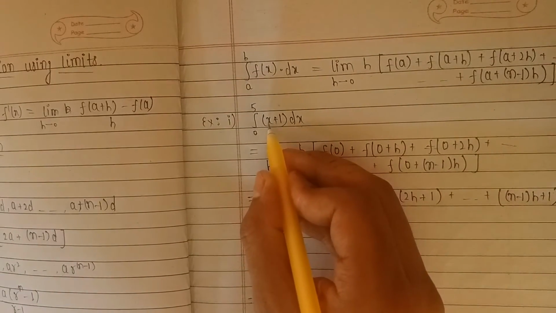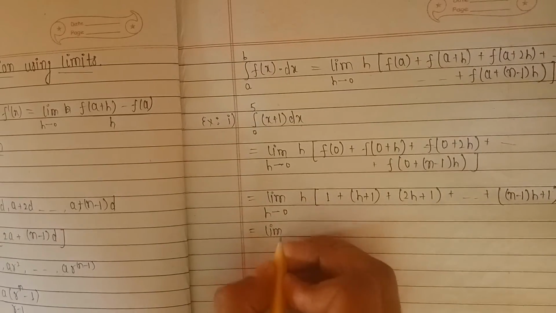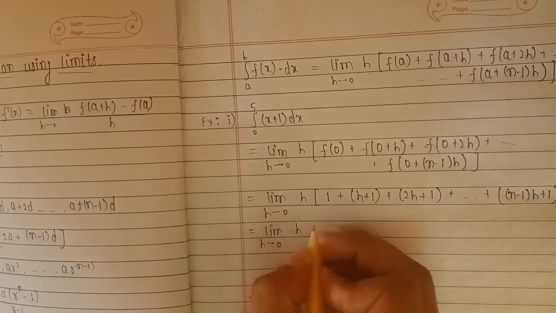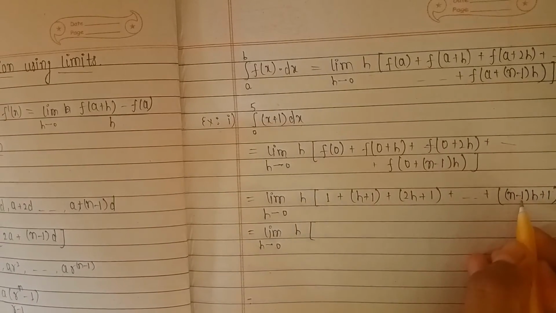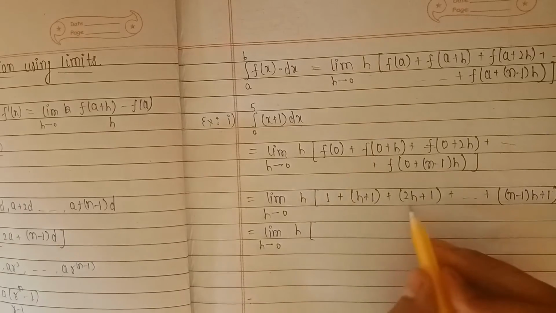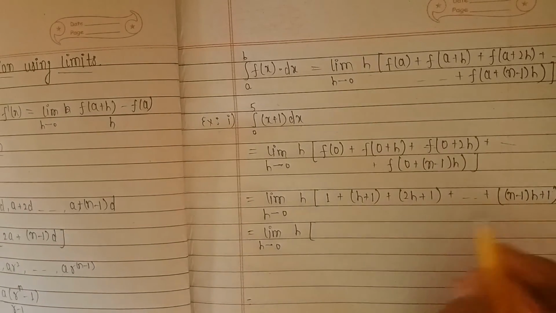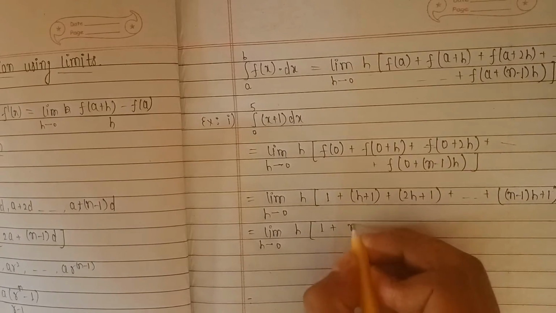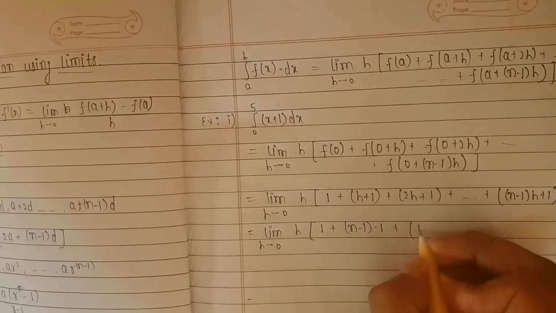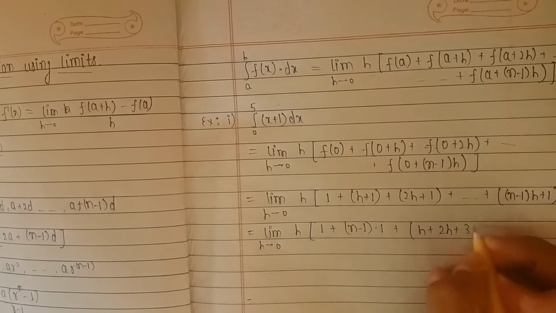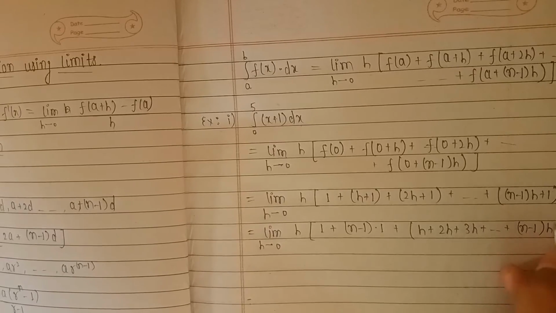Now repeating the same things, here we can see that 1 goes from 1 up to n minus 1. Since we have n minus 1 terms having 1, adding those all we will get n minus 1 times 1. And we are left with h plus 2h plus 3h up to n minus 1 times h.